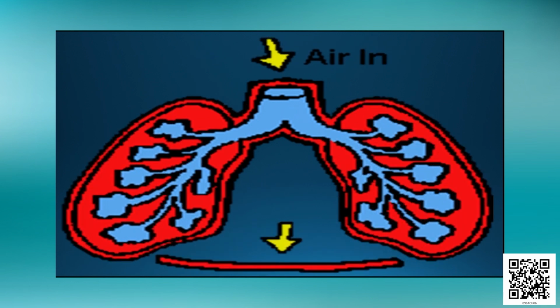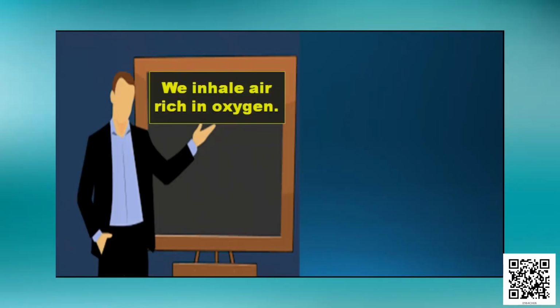But when we release the air, the diaphragm again becomes flat and the volume of the lungs decreases. So what happens? We take air rich in oxygen. We do not take oxygen, remember, we inhale air which is rich in oxygen.